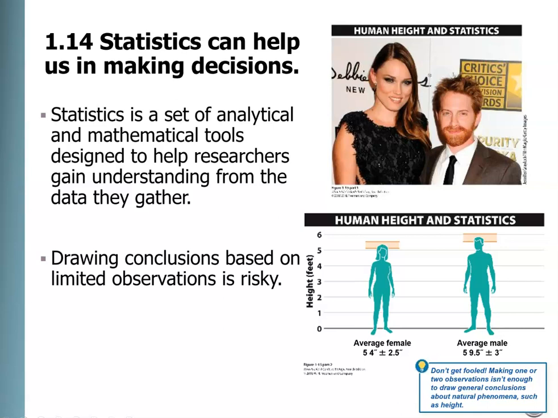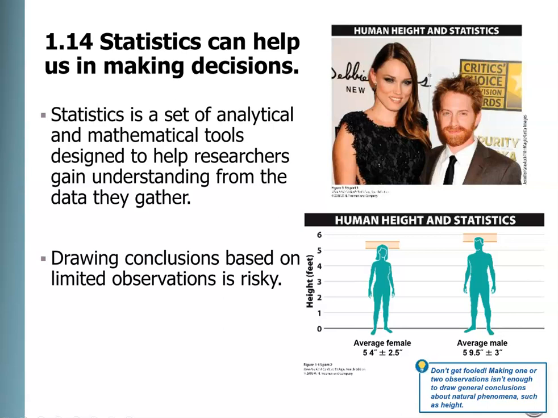One way that we can reduce biases is to use statistics. So statistics is a set of tools that help researchers analyze their data to determine if there's a real trend.